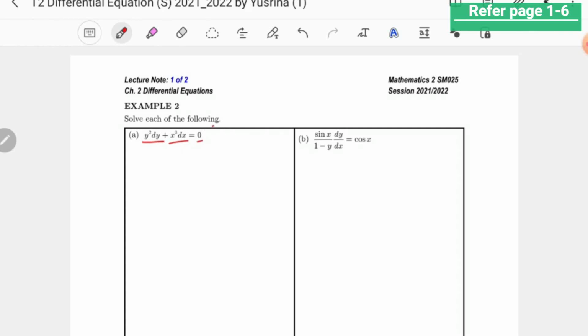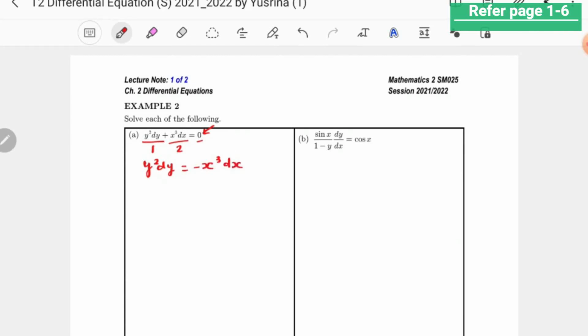We can separate the variable x by the side of dx and y by the side of dy. So we get y squared dy equals negative x squared dx.